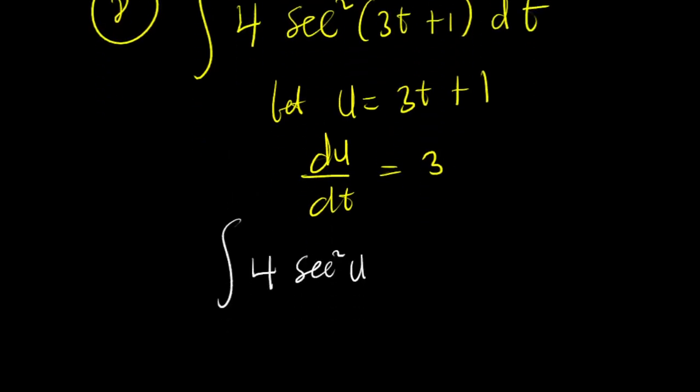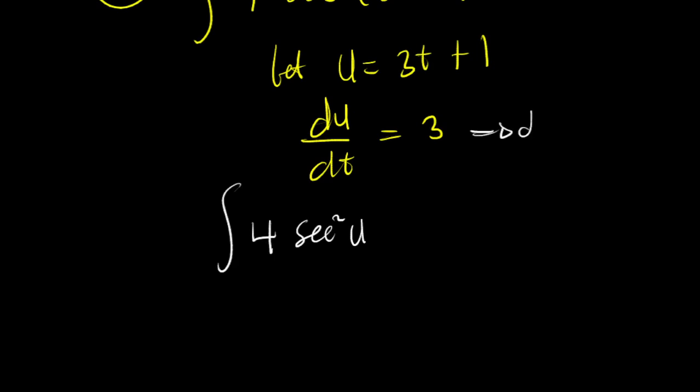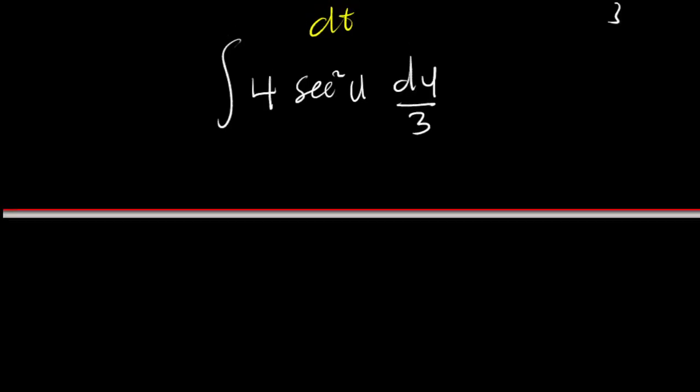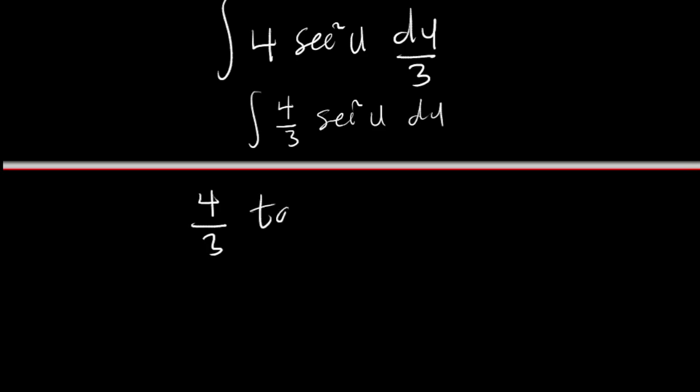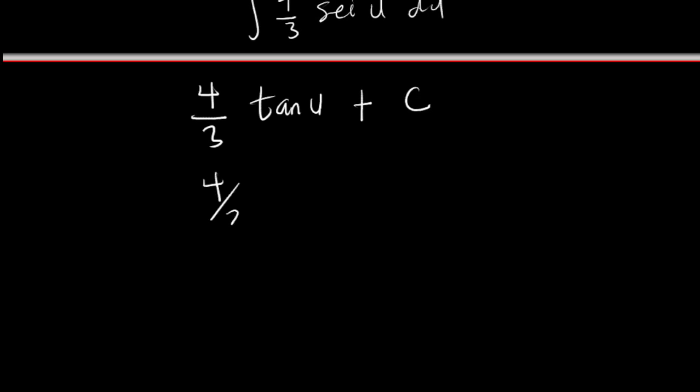So what is your dt? From here, dt is equal to du over 3. So we have du over 3, and that's 4 over 3 sec squared u du. If you integrate sec squared u, from the standard that we have done, we are going to have tan u plus c. And what is u? u is 3t plus 1, plus c. So that's it.